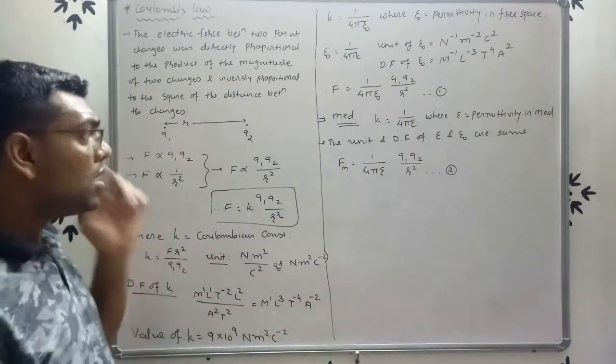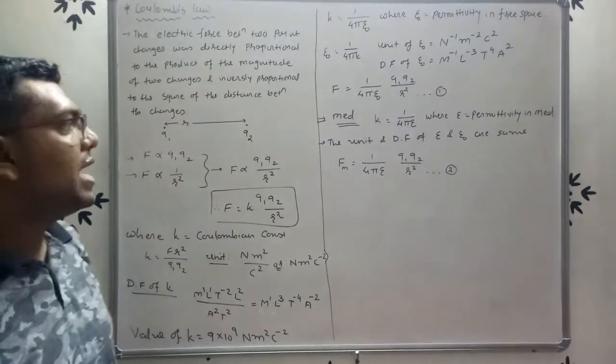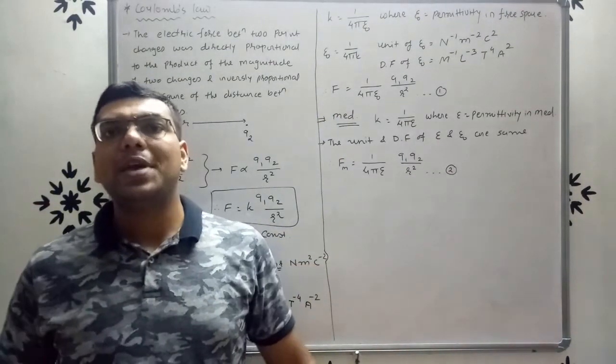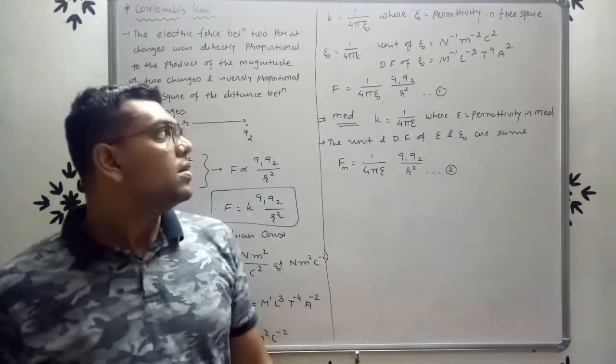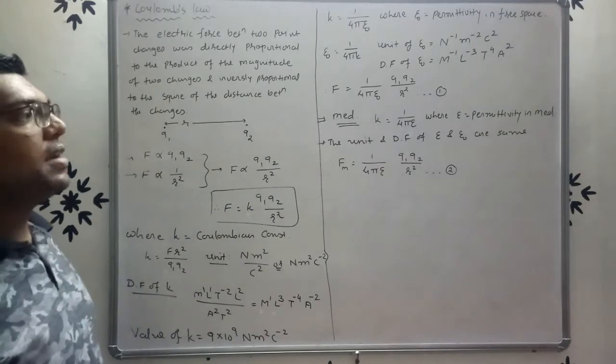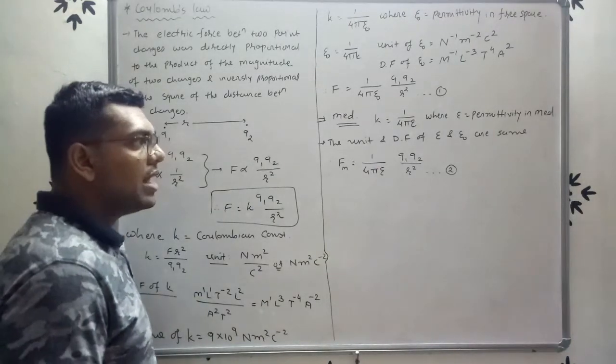Now suppose we want to find out the relation between F and Fm, so we have to take the ratio of equation number 1 and equation number 2, right?